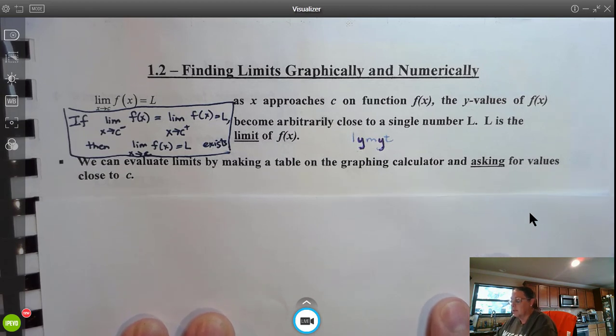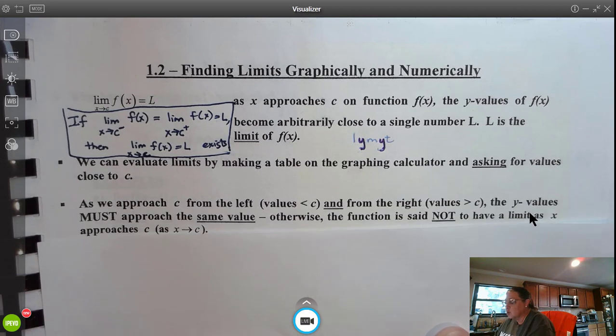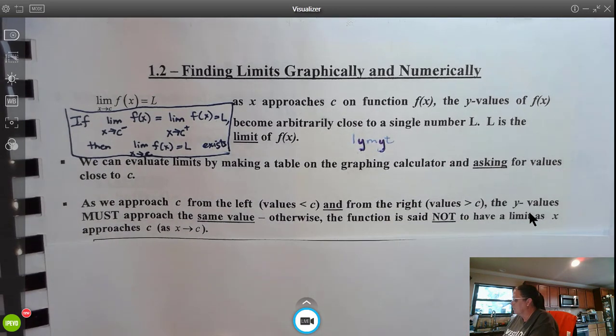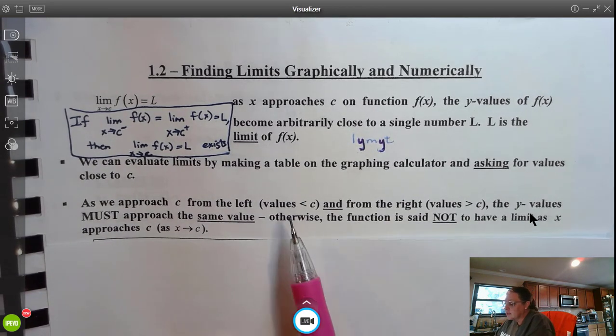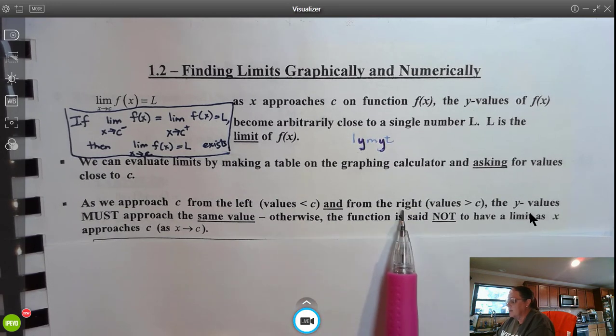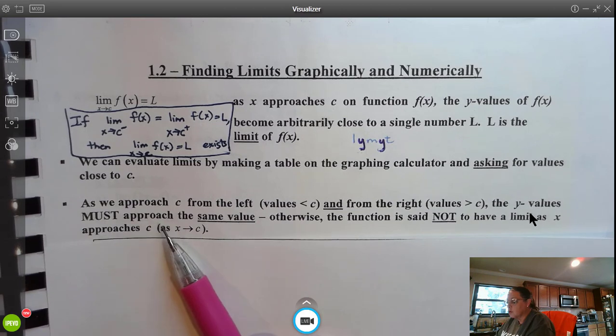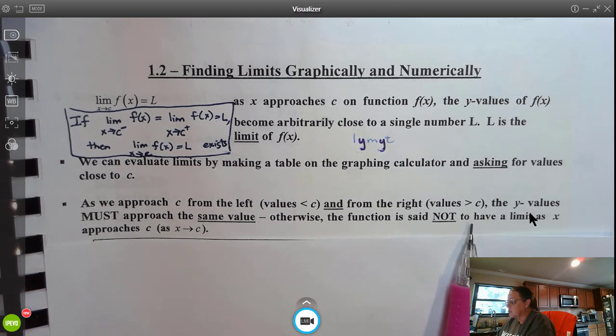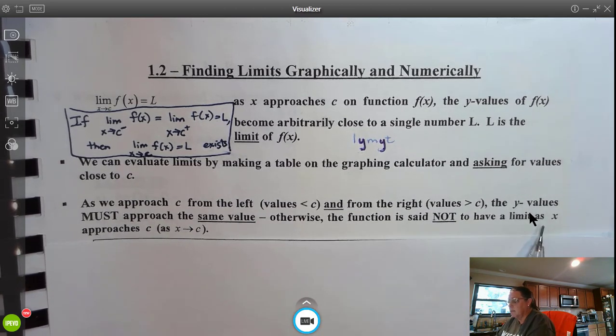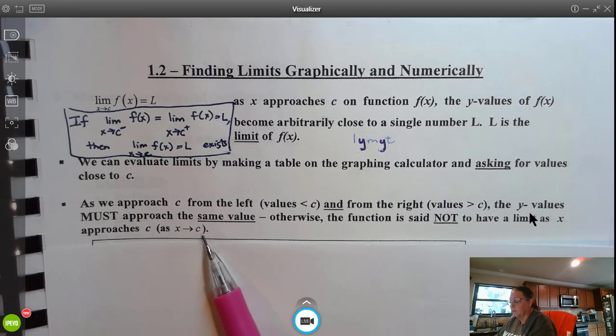We did some of those in class today. As we approach c from the left, that means values less than c, and from the right, that means values greater than c, the y values must approach the same value. Otherwise, the function is said not to have a limit as x approaches c.